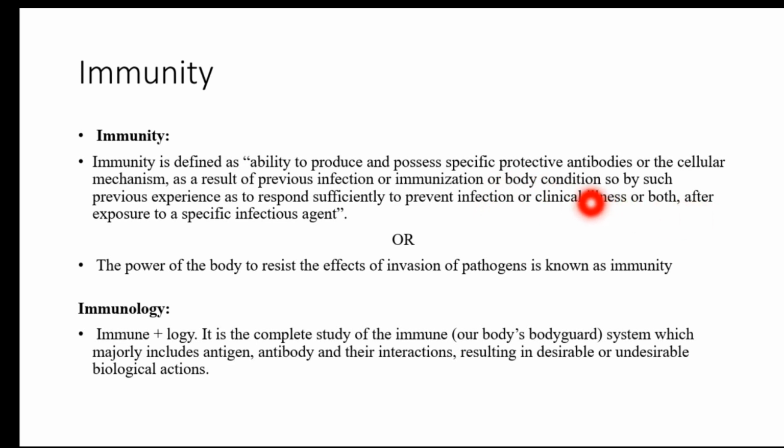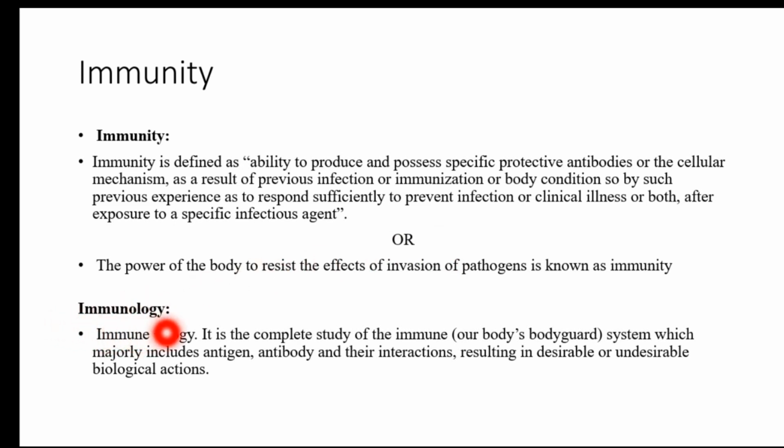By such previous experience, the body can respond sufficiently to prevent the infection or clinical illness, or both. Means it can be immunization or a previous infection the patient had suffered, then the immunological memory which is present will recognize that particular antigen, and it will fight against that disease or illness after exposure to a specific infectious agent.